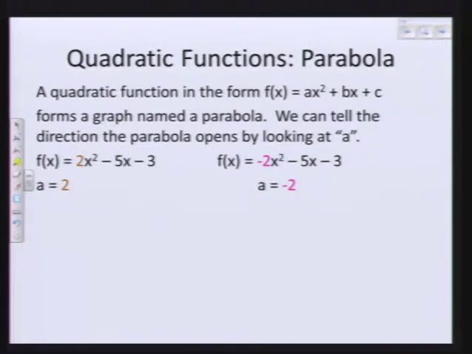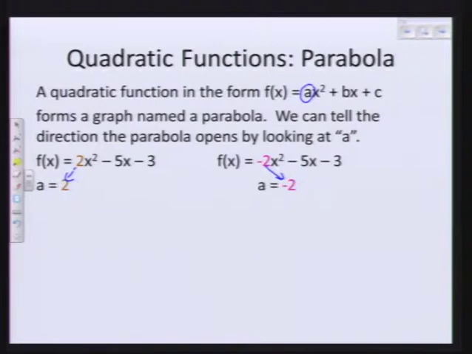Once again, a is the coefficient on the x squared term. In our first equation, f of x is equal to 2x squared minus 5x minus 3, a is equal to 2. In our second equation, f of x is equal to negative 2x squared minus 5x minus 3, a is equal to -2.